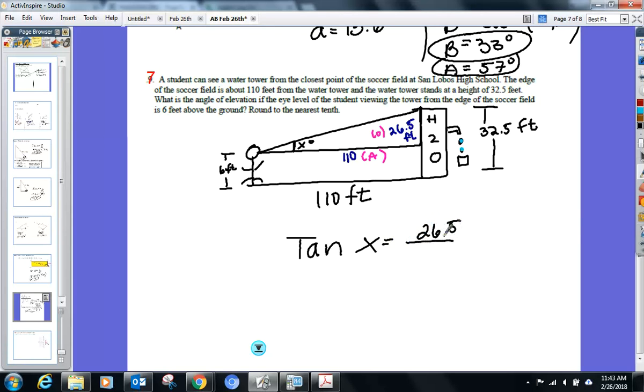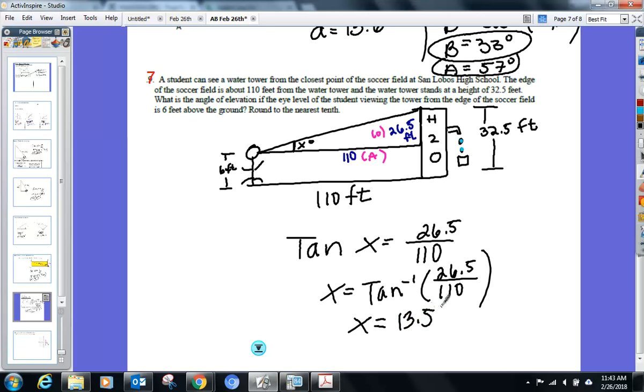And if you know the ratio, what am I using to find the angle? Inverse, yep. And when you do the inverse of 26.5 over 110, what's that angle he's viewing it at? 13.5 degrees, yep.